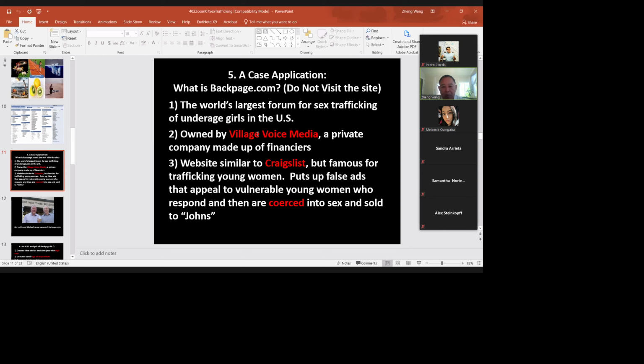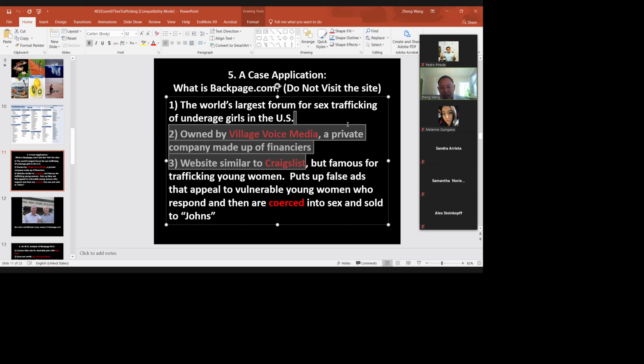It is owned by Village Voice Media, a private company made up of different financiers, supporters, and owners. This one is similar to Craigslist, but more potent. Because they are involved in smuggling, Craigslist just provides a service and does not smuggle girls into the United States.